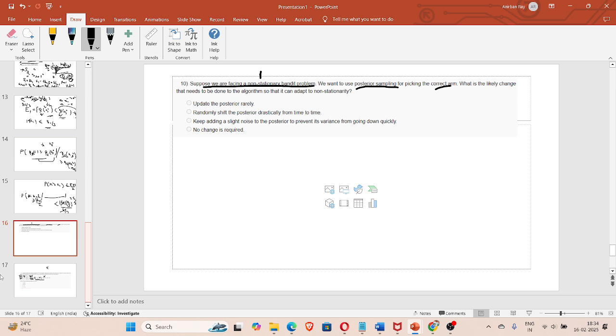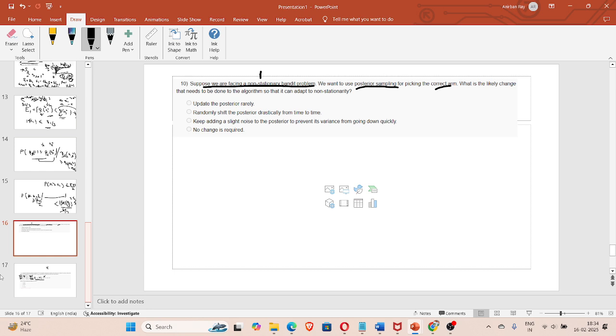So the distribution is not the same. What can be done to the Thompson sampling algorithm so that it can adapt to non-stationarity? Because Thompson sampling is for the stationary case, not for a non-stationary problem.